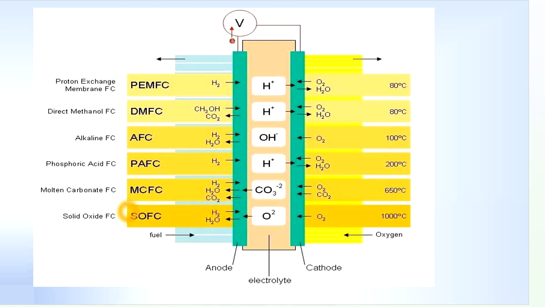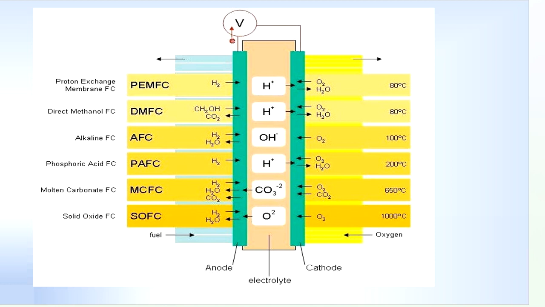Coming to the molten carbonate, hydrogen is in, H2O is out at anode, CO2 is also out at anode, whereas at cathode oxygen as well as carbon dioxide are inputs. Carbonate ions travel within the electrolyte, and electrons come out from anode to cathode through the load. That is how electricity is produced in a fuel cell.